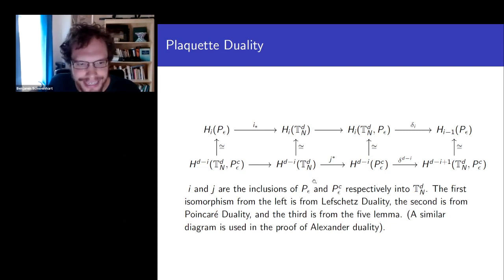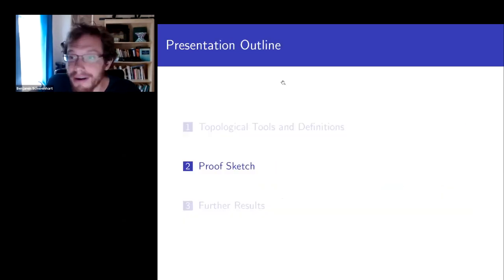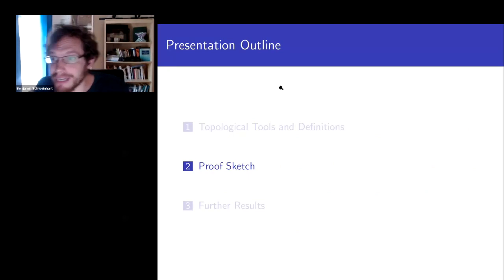So I won't go through this. I'm not assuming background in this, but if you're interested, it's in our paper. And also the papers of Bobrowski and Skraba, they prove similar results for other percolation systems on a torus. So they have proofs there as well. Okay. Are there any questions?